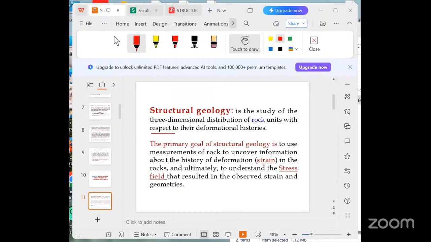So the scientist Billings defines structural geology as the study of the architecture of the earth crust as it has resulted from deformation.